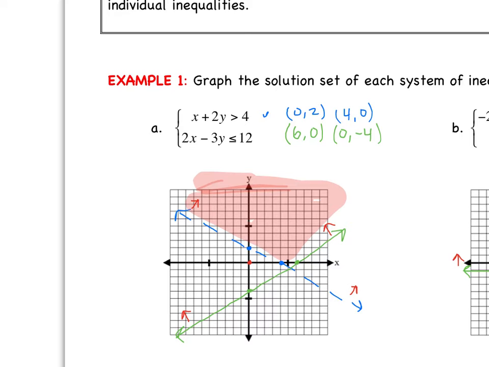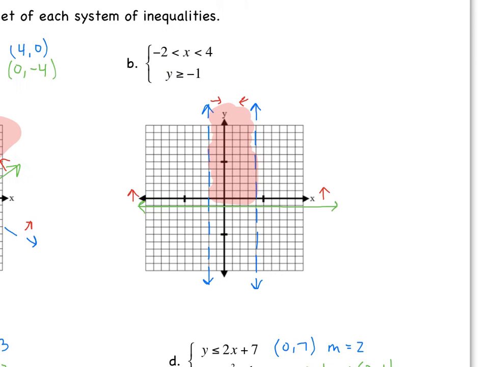Looking at this next example, what I want you to notice is this guy right here. That's like saying negative 2 is less than x, or we could rewrite it as x is greater than negative 2, and x is less than 4, okay?